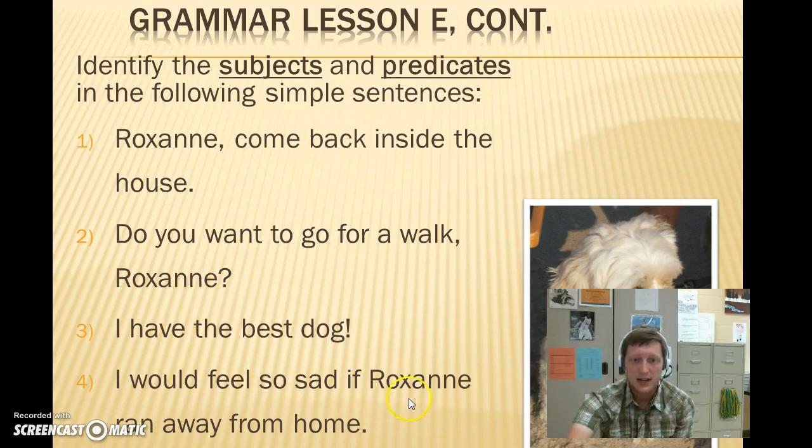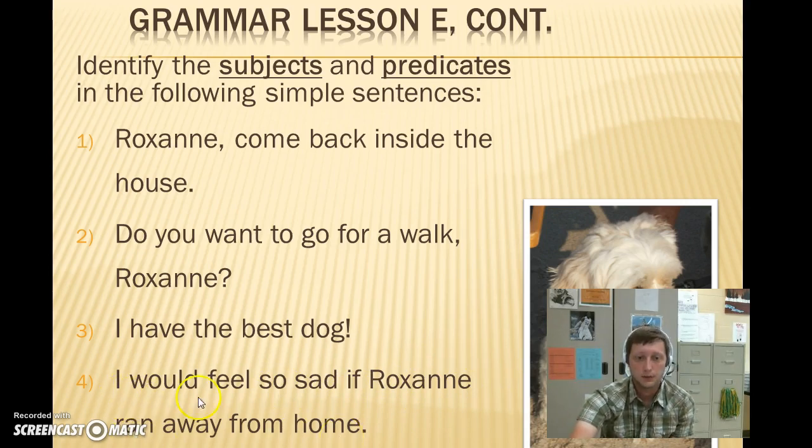I would feel so sad if Roxanne ran away from home. This one's kind of a trick question because we're actually getting into something else called a complex sentence. So this sentence actually has two subjects and two verbs. I, subject, would feel, was our verb. So sad if Roxanne, again subject, ran away from home would be our second predicate.